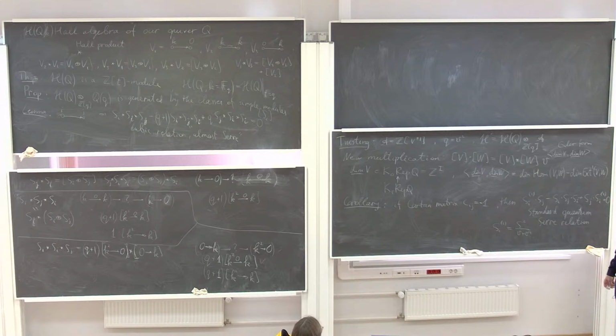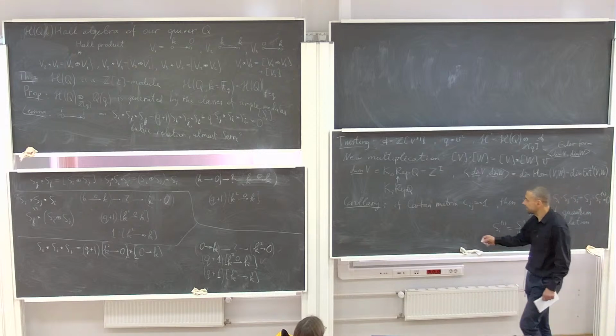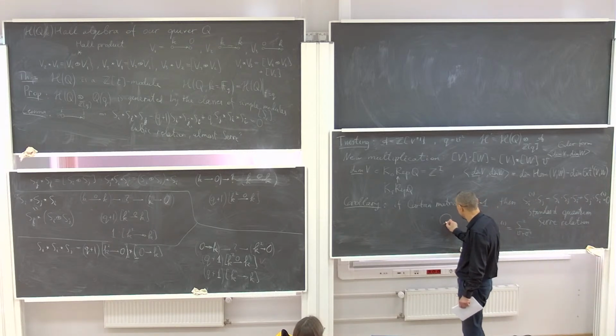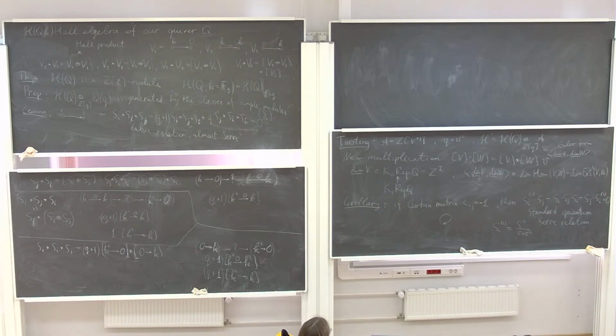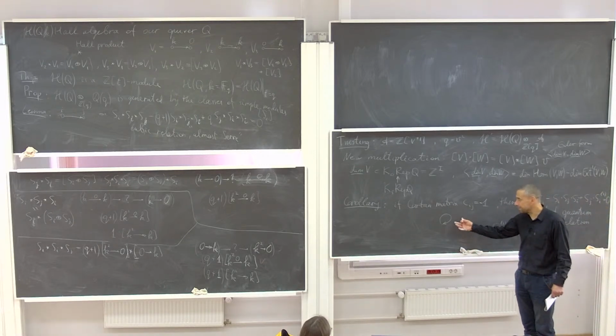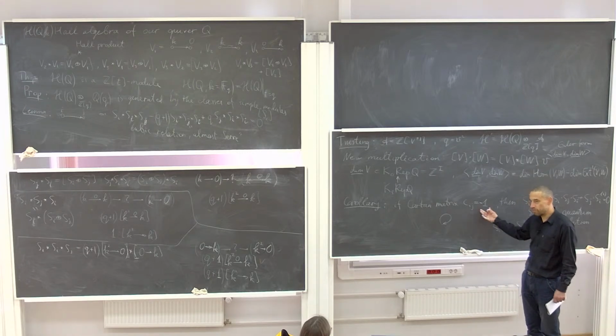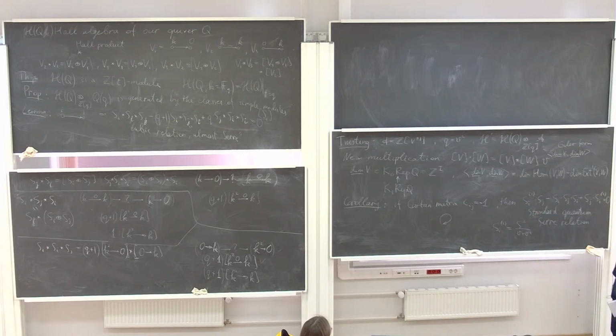So the main message is that before we studied the Hall algebra for the Jordan quiver, and it was a commutative and, well, very important, ubiquitous algebra, but commutative for some random reasons. So if you consider more general quivers, then the algebra is not commutative anymore, but it's, again, very important.